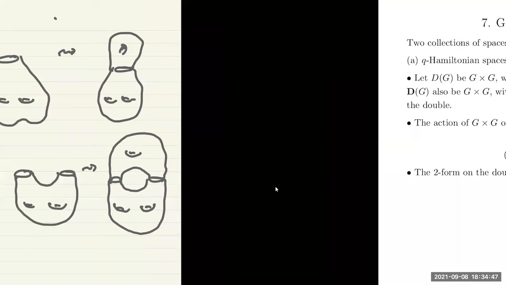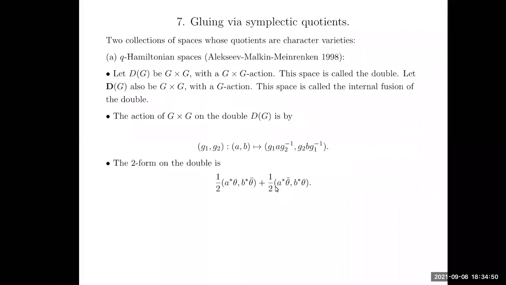So finally, I'd like to talk about how you interpret gluing by means of symplectic quotients. One set of spaces whose quotients are character varieties are the quasi-Hamiltonian spaces of Alekseev, Malkin, and Meinrenken.